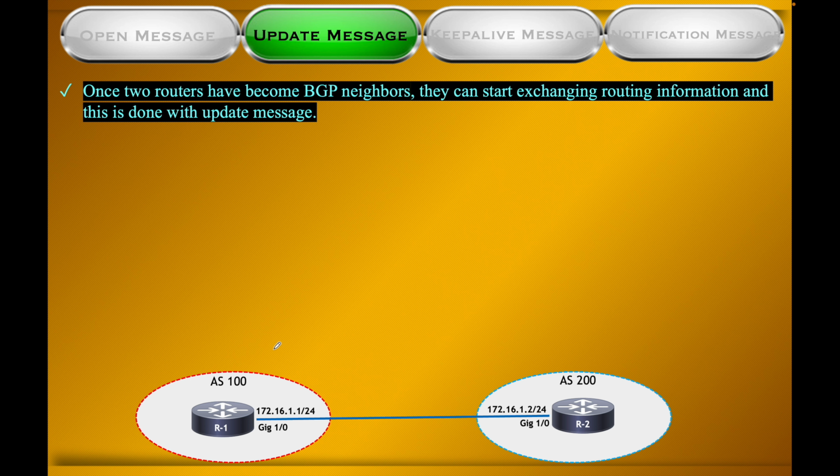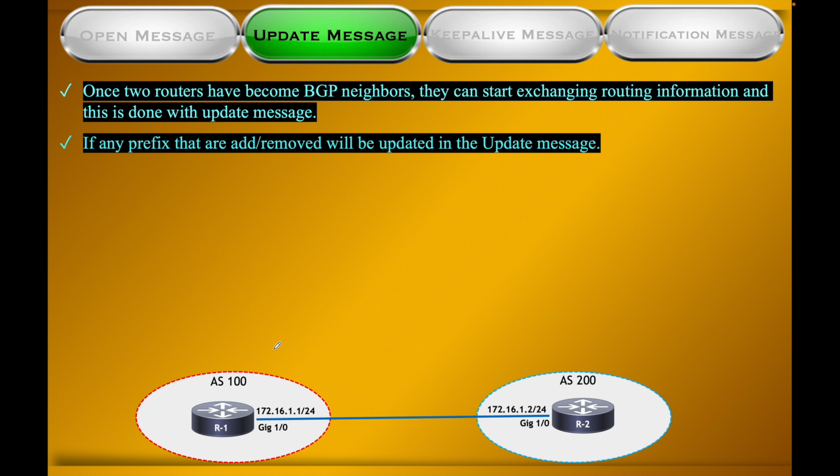So after establishing the neighborship, they can start exchanging routing information in update messages. All the routing information is carried within the update message. If any prefixes are added or removed, that will also come under the update message, which I will also explain.